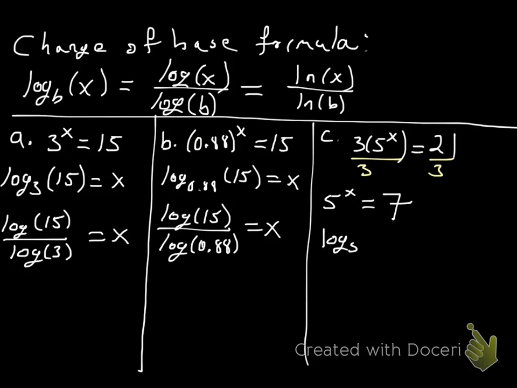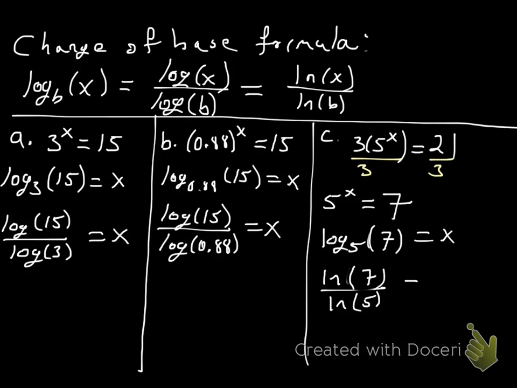So this will be log base 5 of 7, not 21. The argument is 7, equals the exponent of x. And then using change of base.